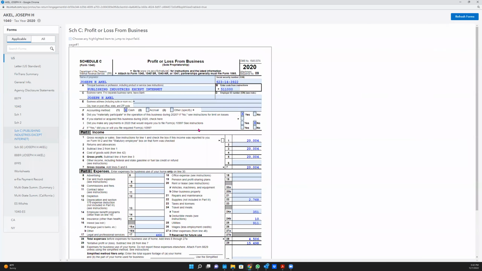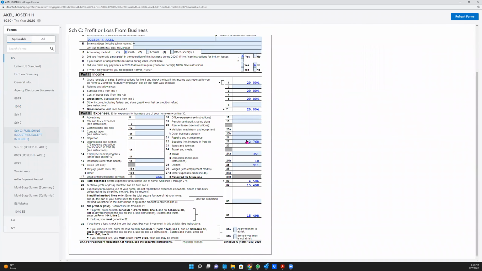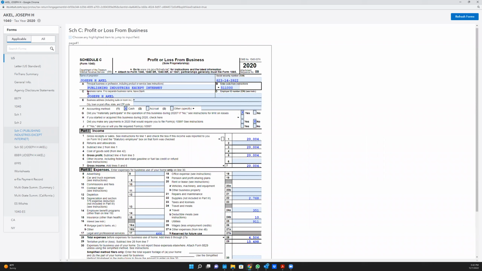So on Schedule C, again, we would say, what is the business name? Sometimes, even though it is Schedule C, and technically it's a business, people don't specifically elect any type of entity. They don't register as an LLC, and we will go over what that is as well.